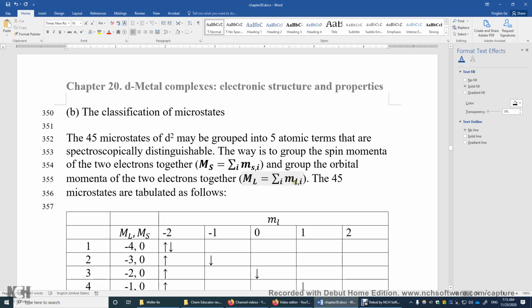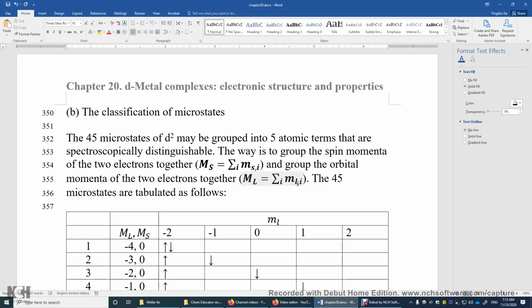Again, when we are talking about individual electrons, we use m sub l as the quantum number for the z component of its orbital angular momentum. Now we have 2 electrons. We need to look at their collective behavior.